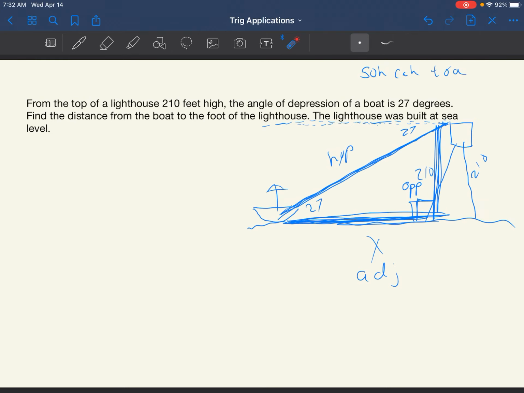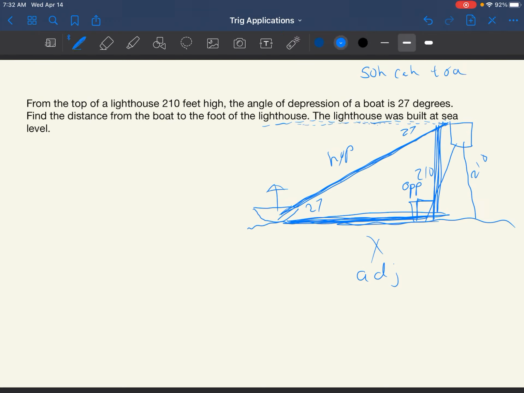Well, I'm given this measurement, 210 feet, so I have to use it. That's the opposite, the O. And I'm looking for the adjacent, so A. I have to use O and A. It's not SOH because that's O and H. It's not CAH because that's A and H. It's going to be TOA because that is opposite and adjacent. So I'm going to use tangent.